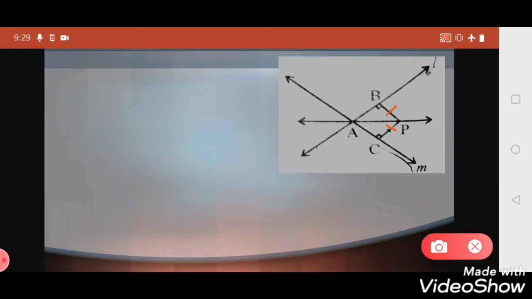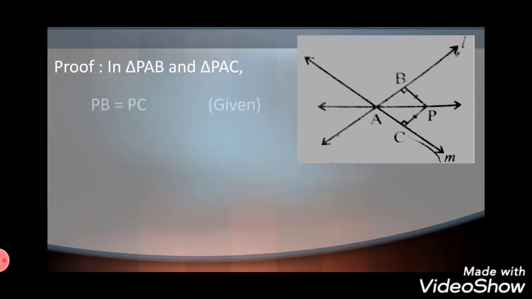We have to prove that these two angles, angle PAB and angle PAC, are equal. Now for the proof, in triangle PAB and triangle PAC, PB equal to PC, which is already given.